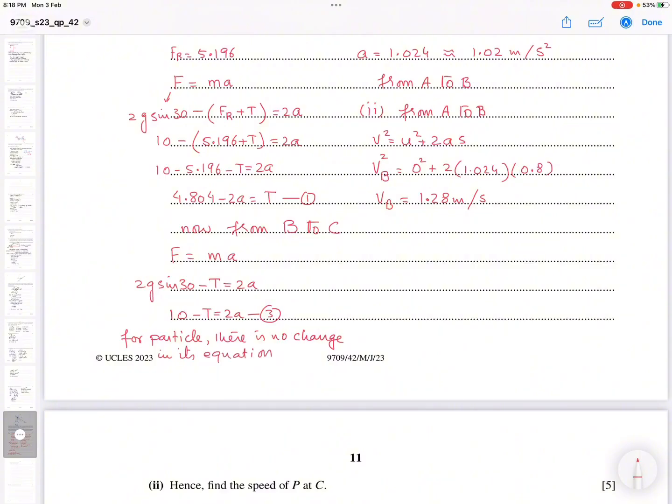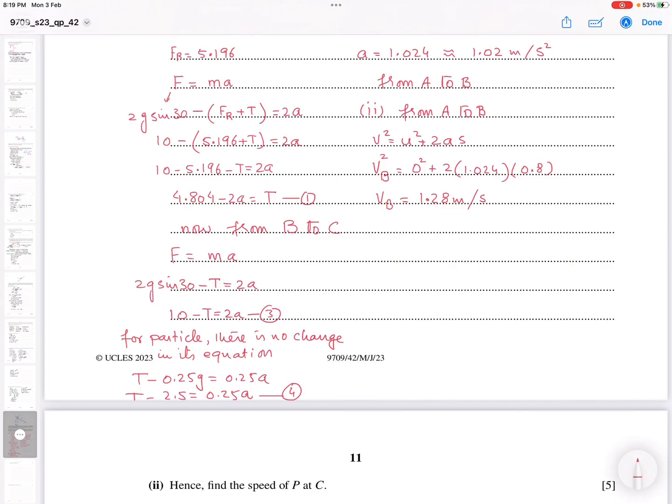So I can write T minus 0.25 g equals 0.25 a. So T minus 2.5 equals 0.25 a. This is my fourth equation.